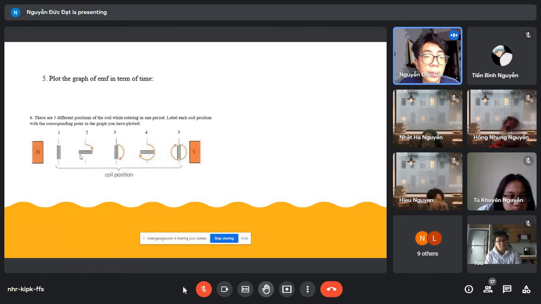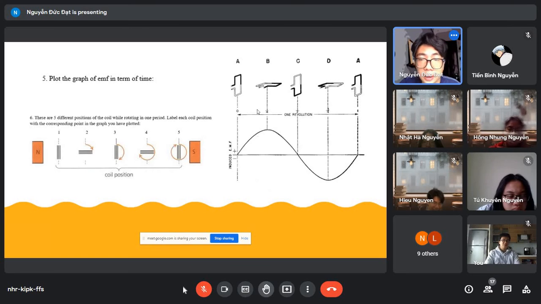With each position of the coil, it will produce a different EMF, right? If you look at the graph, you will see that it will be an alternating current due to the different positions of the coil, like this, right?